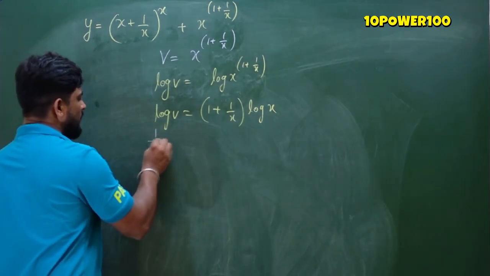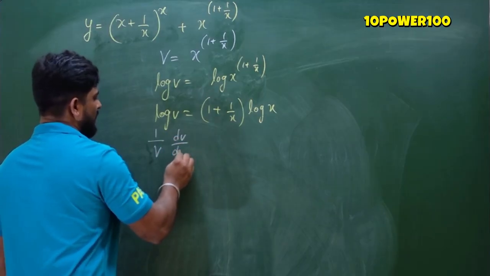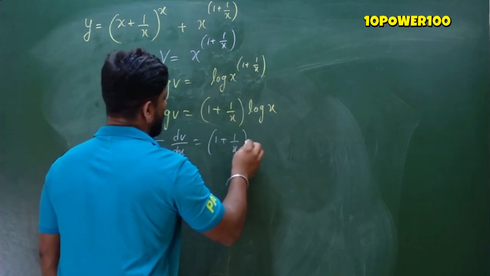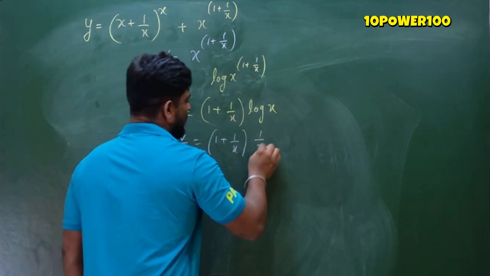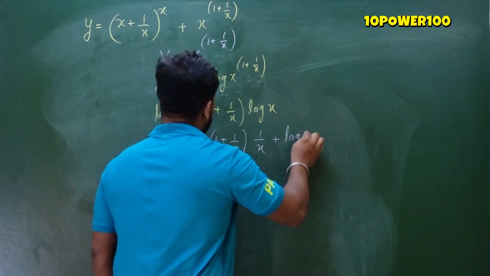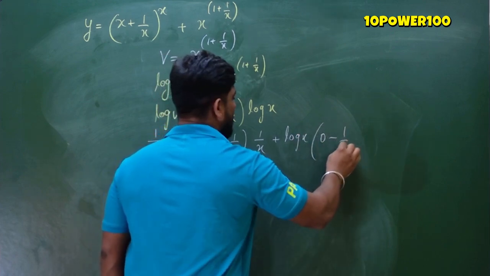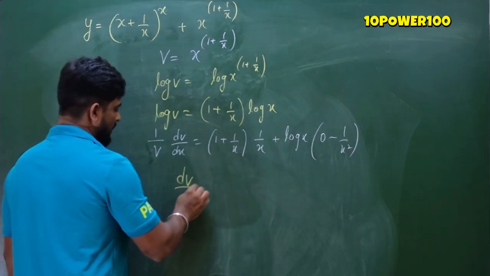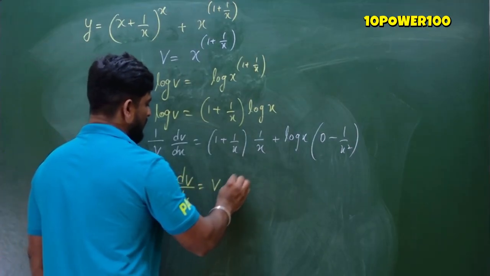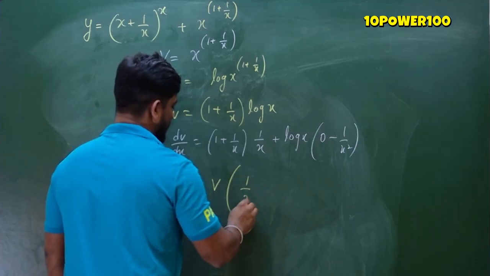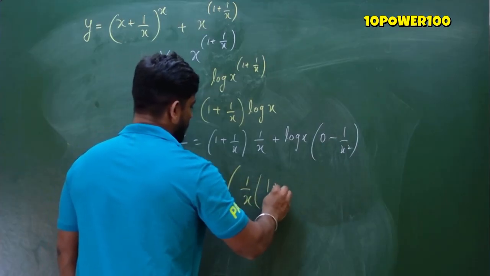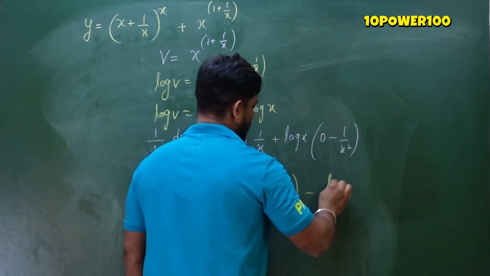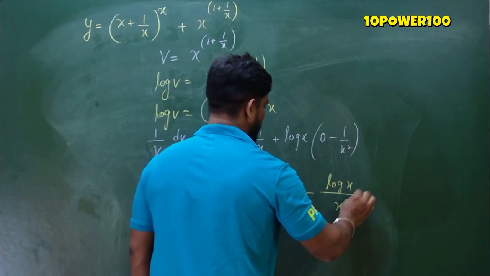So 1 by v into dv by dx is equal to (1 plus 1 by x) as it is, log x differentiation is 1 by x, plus log x I keep as it is, and 1 differentiation is 0 and this is minus 1 by x square. So dv by dx is equal to v of [(1 plus 1 by x) by x minus log x by x square].